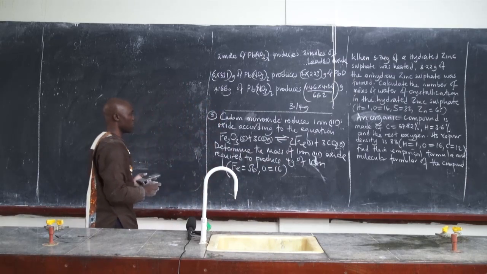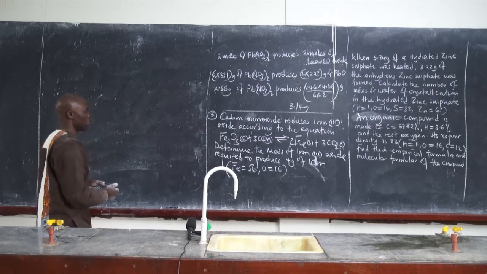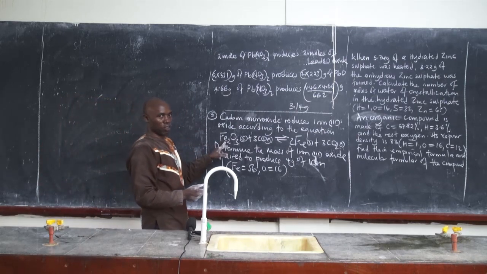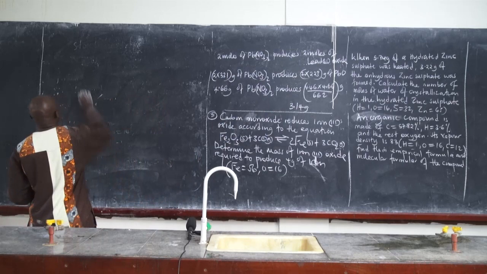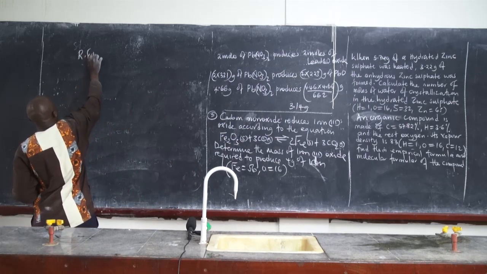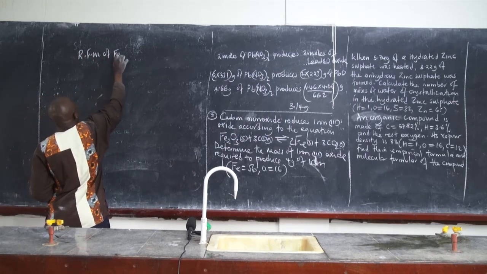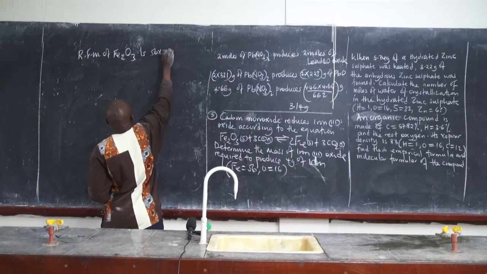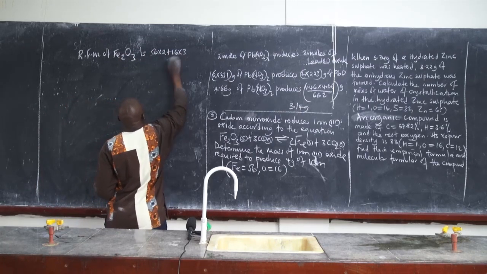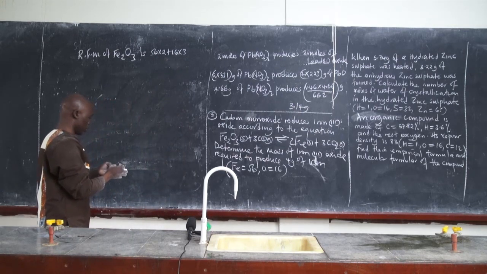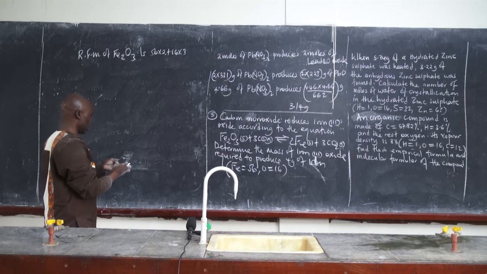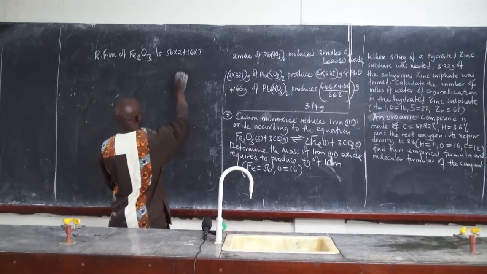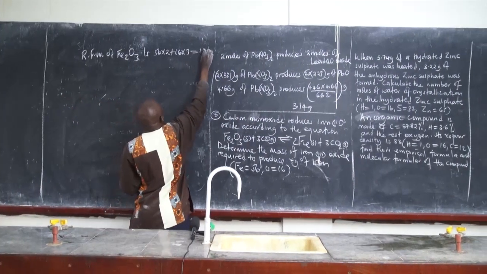We simply get the RFM of iron(III) oxide, which is 56 times 2 plus 16 times 3. Let's punch that in. That gives us 160.